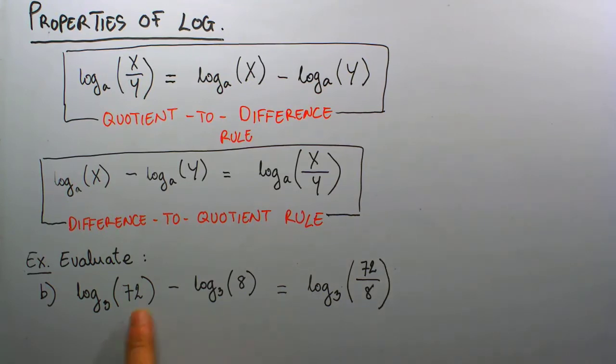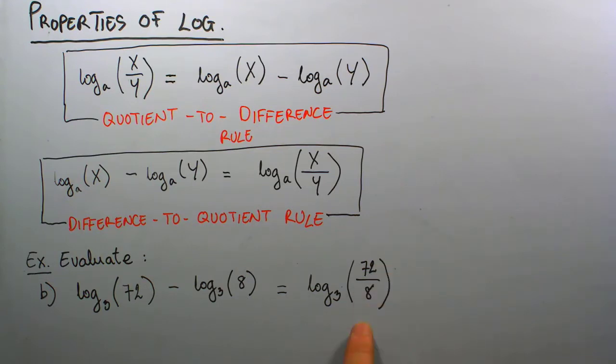Once again, the order of the two log terms implies the order in the quotient. 72 was part of the logarithm term before the subtraction, so in the quotient 72 stays in the numerator, whereas 8 is in the denominator.